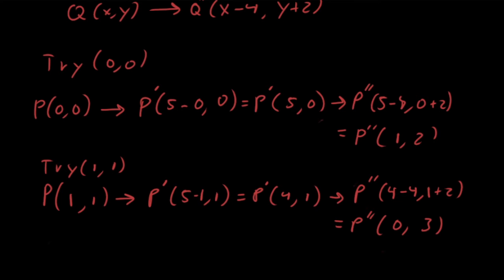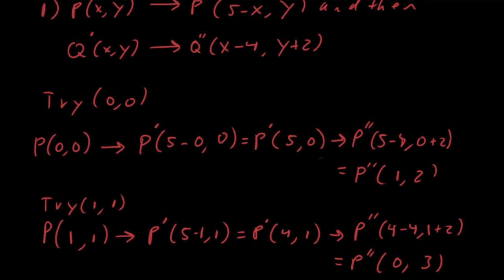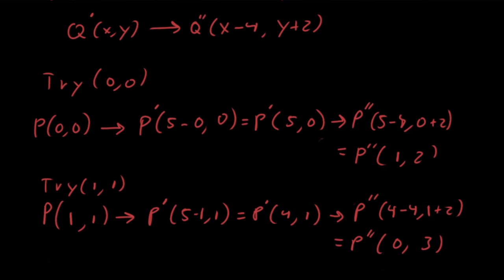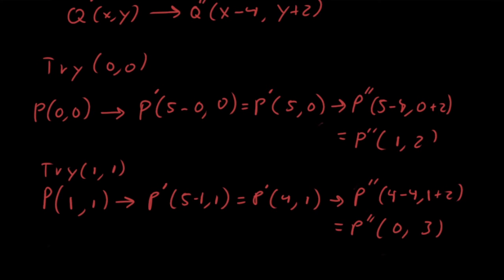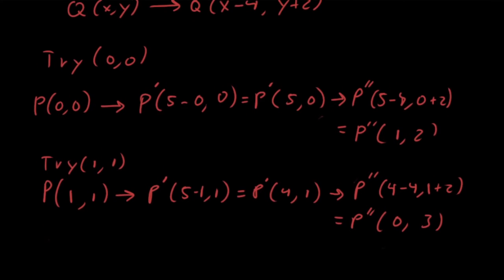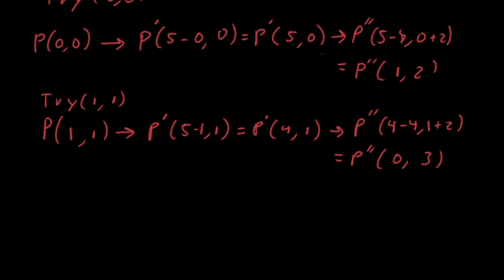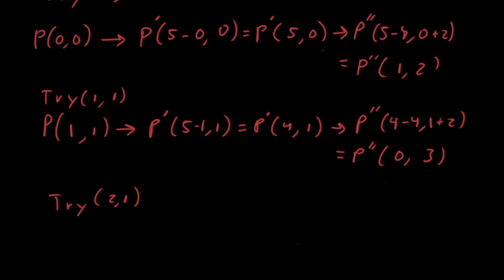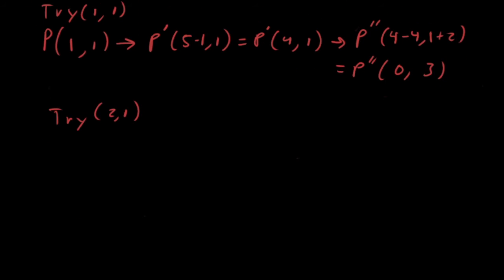So, what's going on here? It looks like maybe 1 minus x, right? And obviously y plus 2. I think it's 1 minus x, but let's try one more. Let's try 2, 1. So let's do P 2, 1.